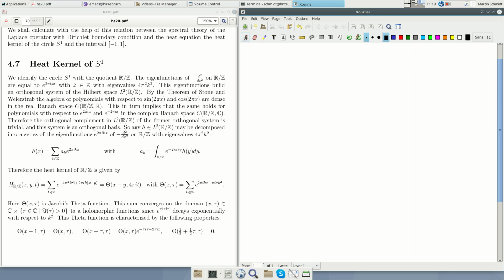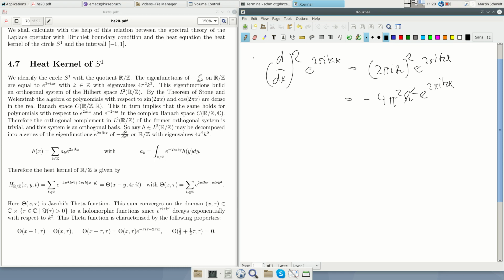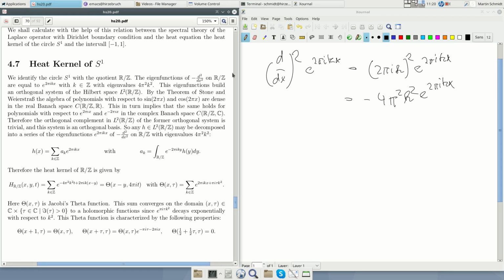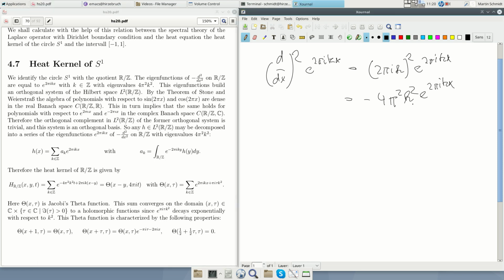If we calculate the second derivative of exponential 2 pi i kx on the real line, this gives (2 pi i k) squared times exponential 2 pi i kx, which is minus 4 pi squared k squared exponential of 2 pi i kx. So minus this operator has the eigenvalues 4 pi squared k squared.